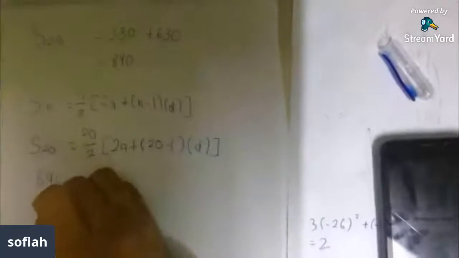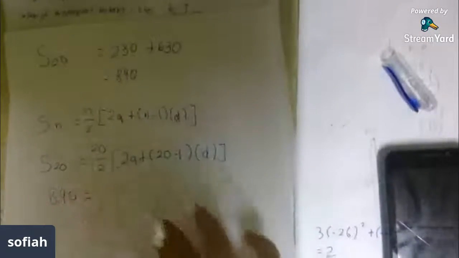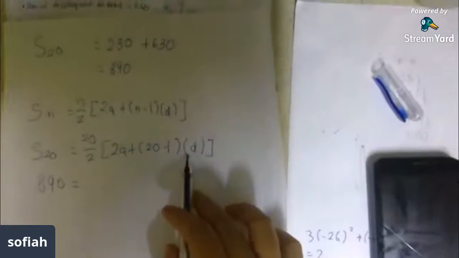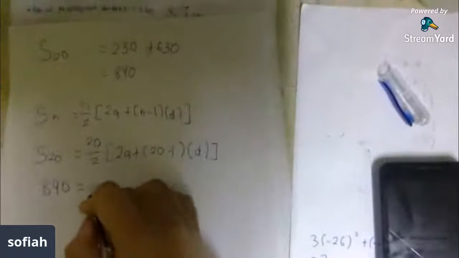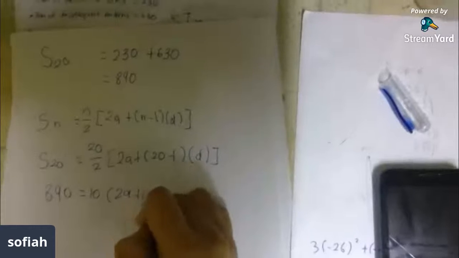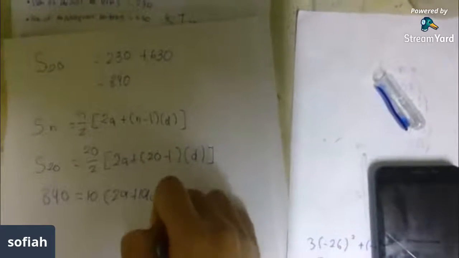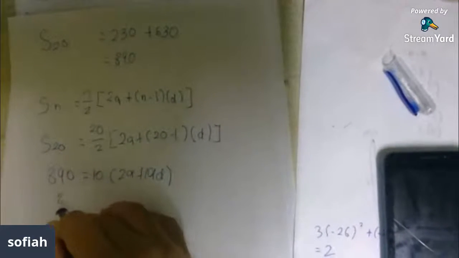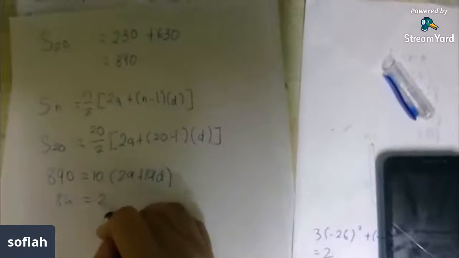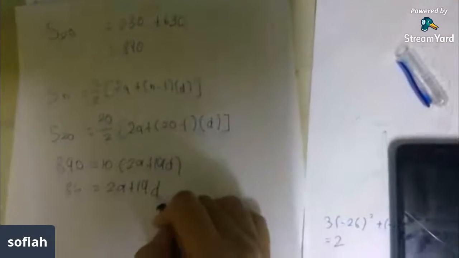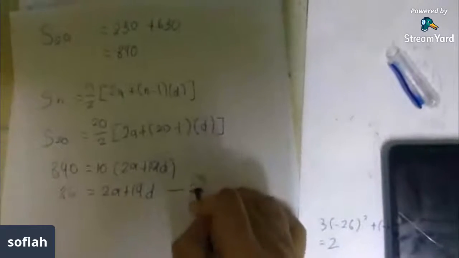Therefore, we will get 890 equals, we just solve this equation, and lastly we will get 86 equals to 2a plus 19d. So here is the second equation.